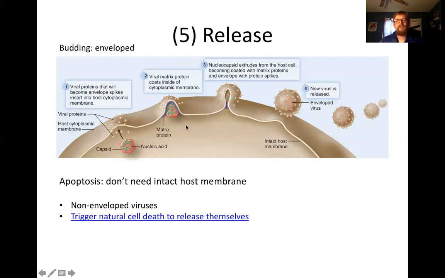The virus then starts to cover itself with the host membrane, and it buds off, and here you have your enveloped virus. So remember, most enveloped viruses, large components of that envelope are going to be parts of the host cell. I also like this diagram because this is a little different than what's happening in the COVID-19 virus, right?